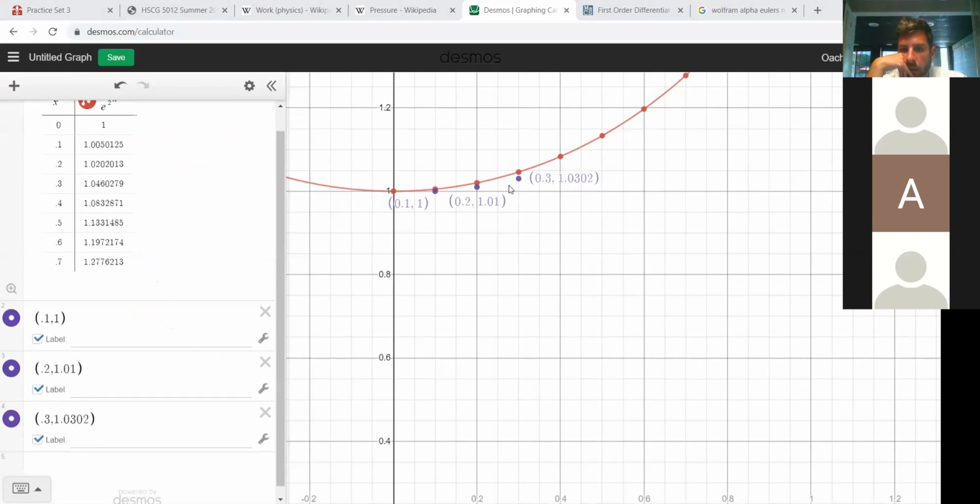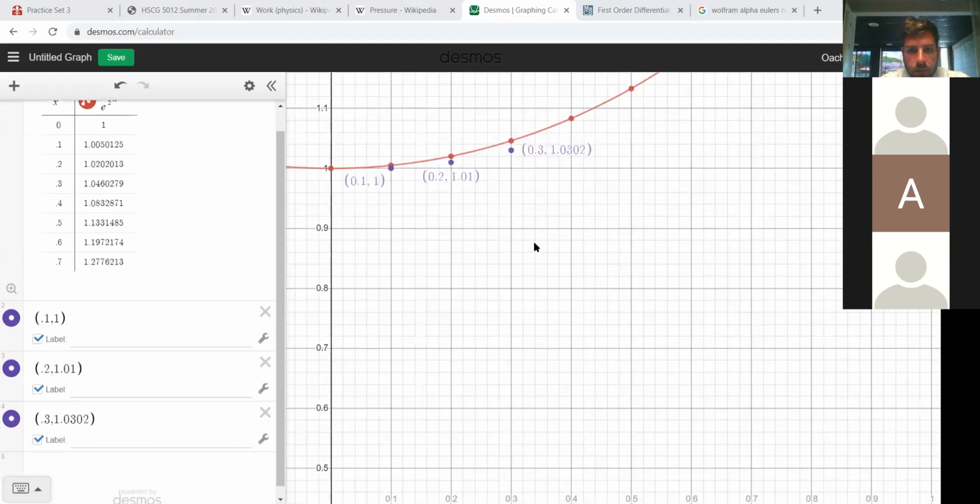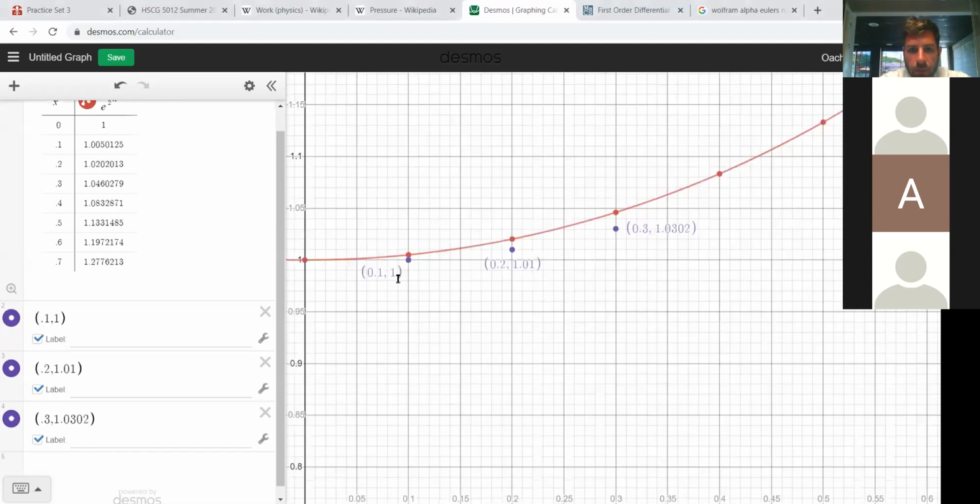And if you drew a polygonal line through these solutions, that's what we mean by an approximate solution. So again, if I zoom in a little bit, you would imagine that if I drew the line from here to here and then here to here, I'm getting an approximate solution. Does anybody have any comments or questions about that?